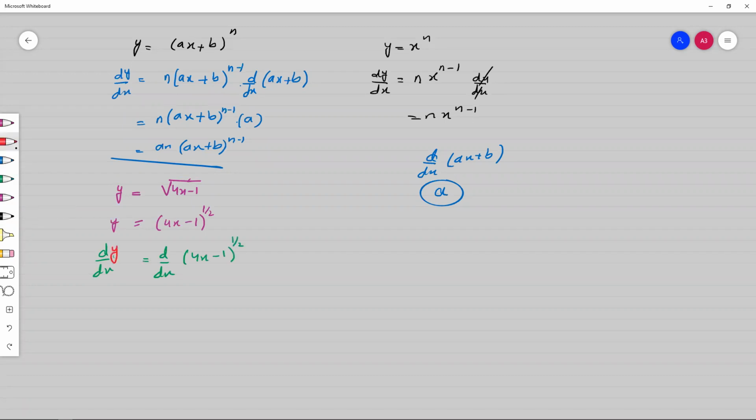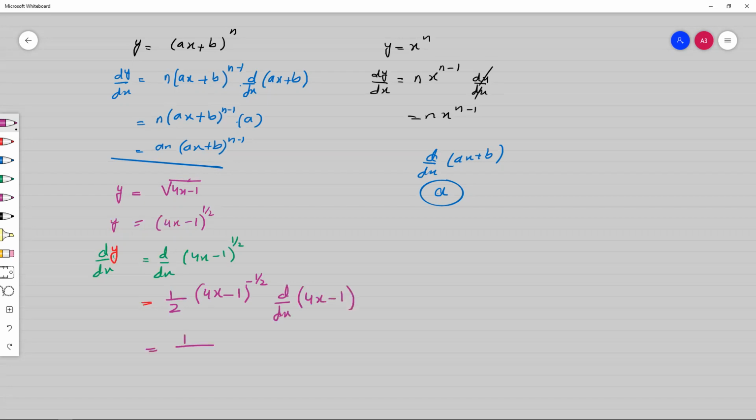So how do we differentiate this? d over dx. First we write the power first, then decrease 1 from the power. The power is half, so 1 by 2 minus 1 would become minus 1 by 2, times (4x minus 1) power minus 1 by 2, and then the derivative without power, the derivative of 4x minus 1, which will become 4.